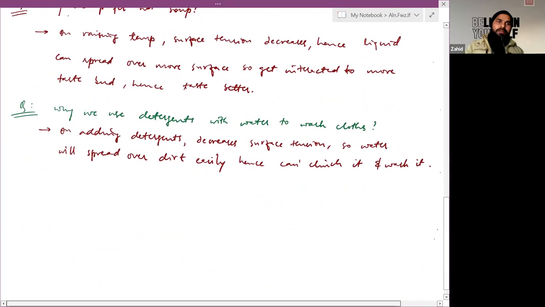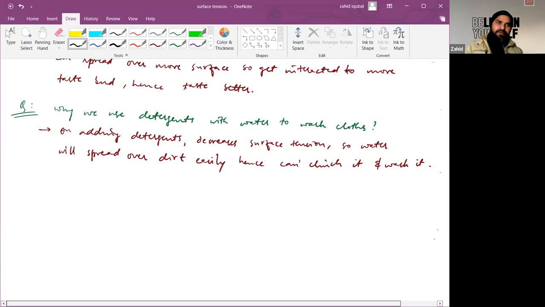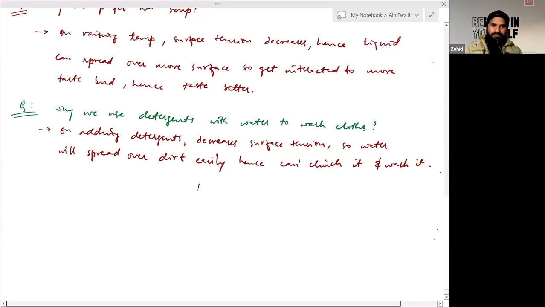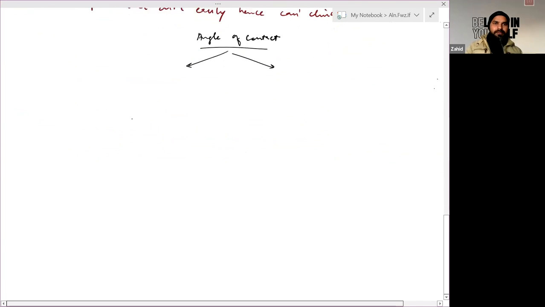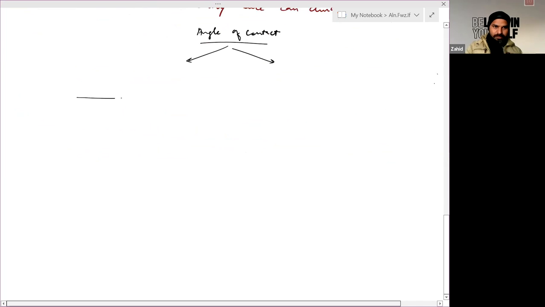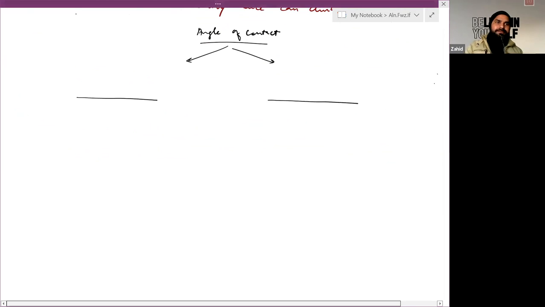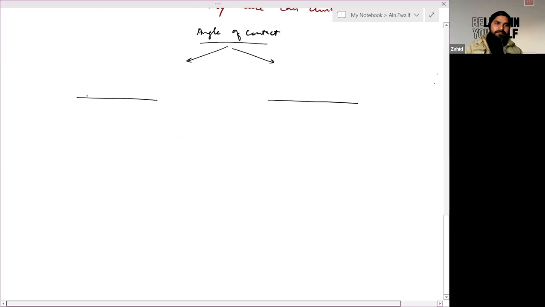Now, on the basis of this surface tension, let me define the angle of contact. Suppose on a particular surface, if we drop water, it may acquire this type of shape.